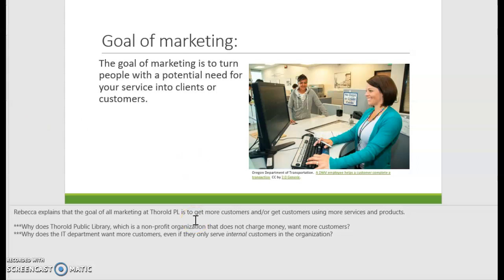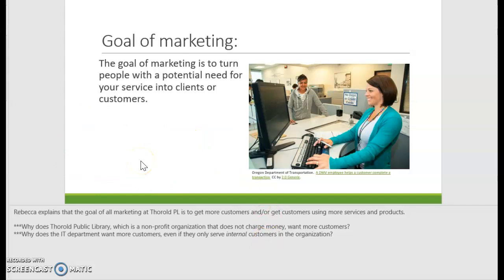Even though we're saying Thora Public Library and they're not a for-profit organization, they still want to get customers. Even with an internal system, if we were an IT department in an organization serving internally, we still want to prove that we're a good value and do marketing and get customers from within our organization. So why? We'll talk about that in class.